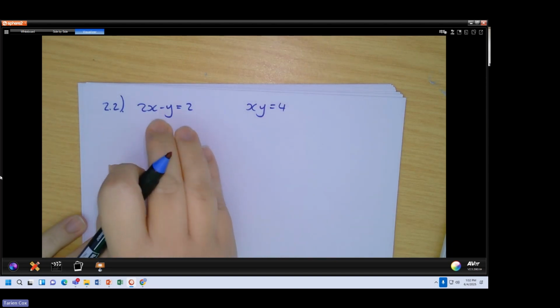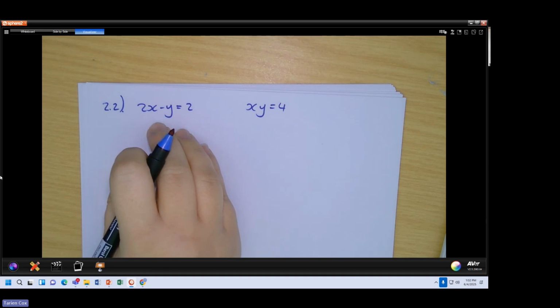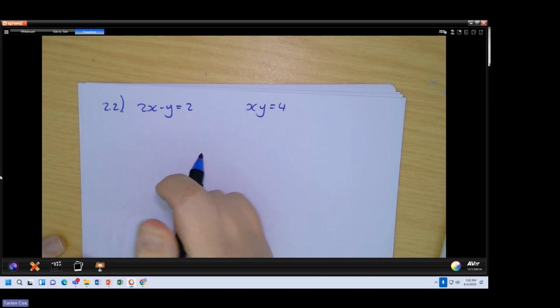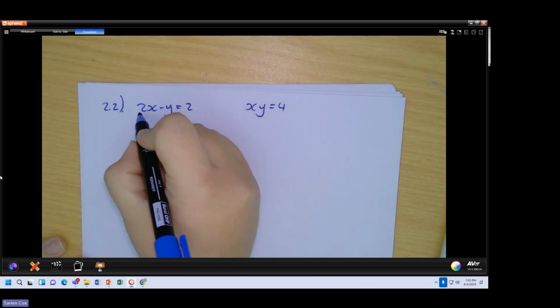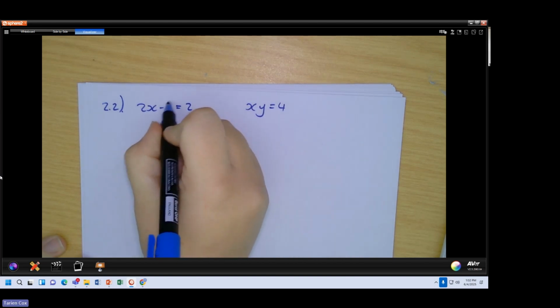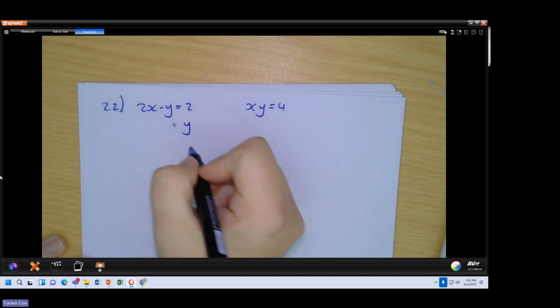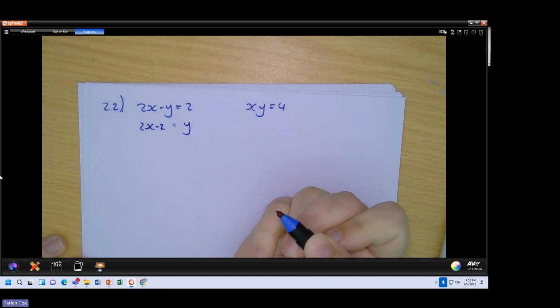So what I want to do here is make something the subject, either x or y. My suggestion is let's make y the subject, because there's no coefficient in front of it, the y. Or there is, it's the invisible one, but it is easier than having to divide now with 2. So the y goes to the other side, becomes a positive y, and I will rather bring this to this side: 2x minus 2.